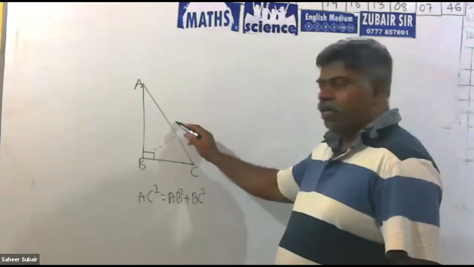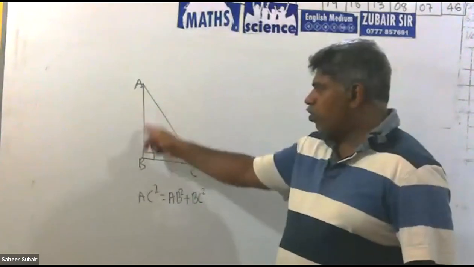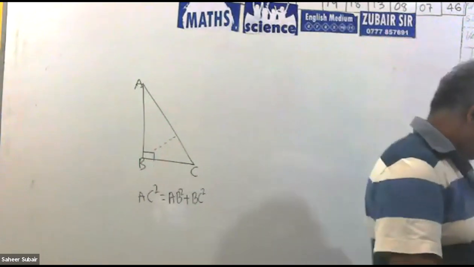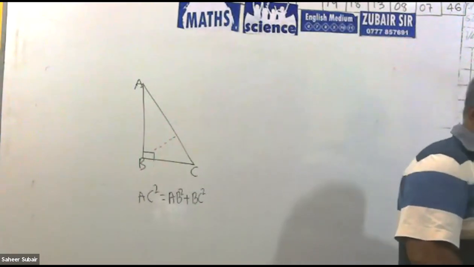So this side squared is equal to the sum of the other two squared. So that is our Pythagoras theorem.